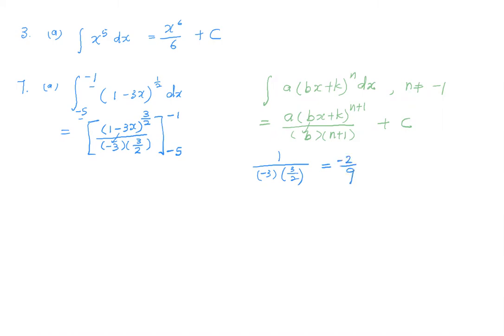Am I right? So what I can do is put -2/9 outside. So I'm going to sub with 1, -1, take away, sub with -5.